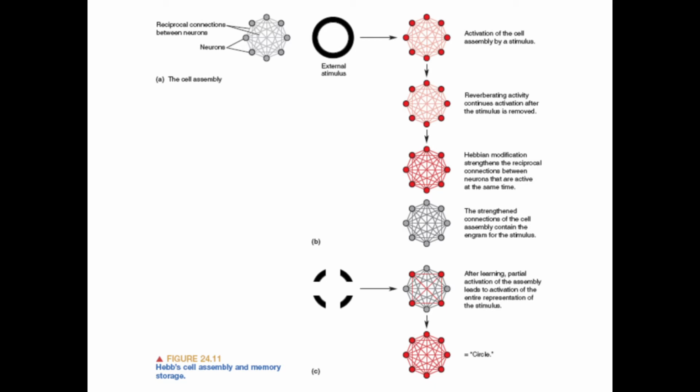So the same pathway that is used when you perceive something is the same pathway that is activated when you remember something. This was later demonstrated to be true: the same pattern that is activated when you perceive something is also activated when you remember something.